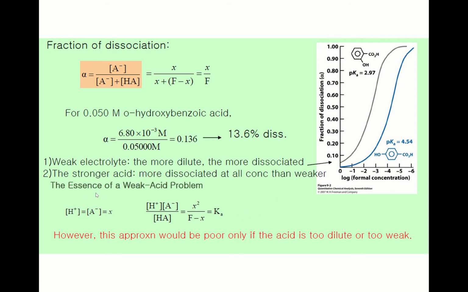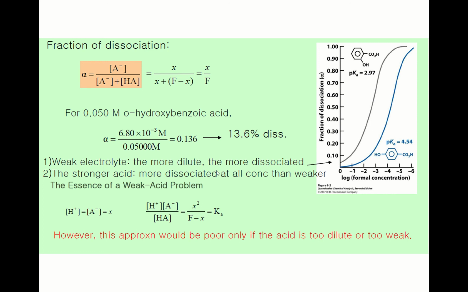And here is the weak acid problem. We can put these two concentrations as equal, but for the strict calculation, you don't actually need this assumption. We solve four equations, but this simplified equation generally holds.